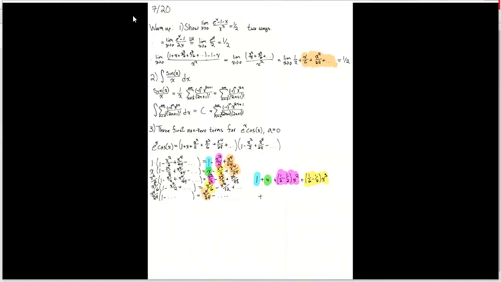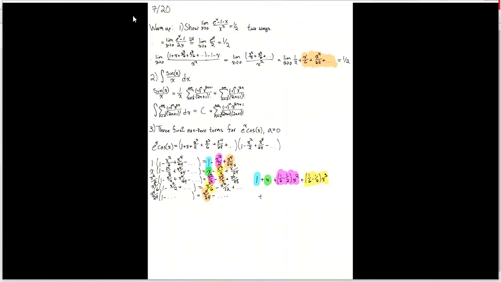Oh, actually, I'm sorry. We have this one and this one. For some reason, this fourth here should be a fifth, right? Because it was fourth before, and then we multiplied it by an x. So that's a fifth term.